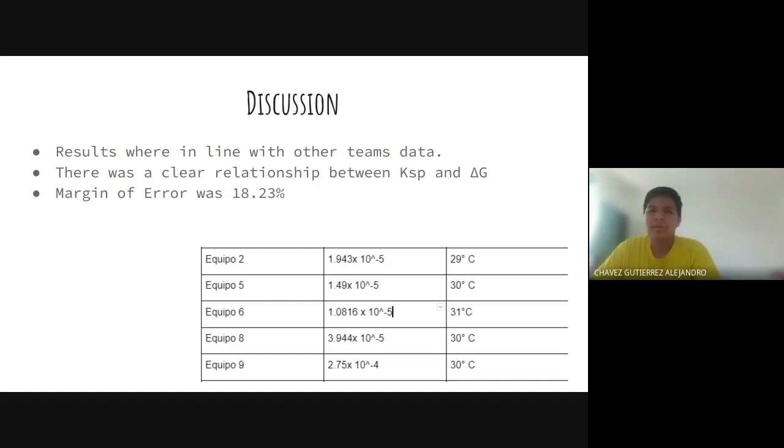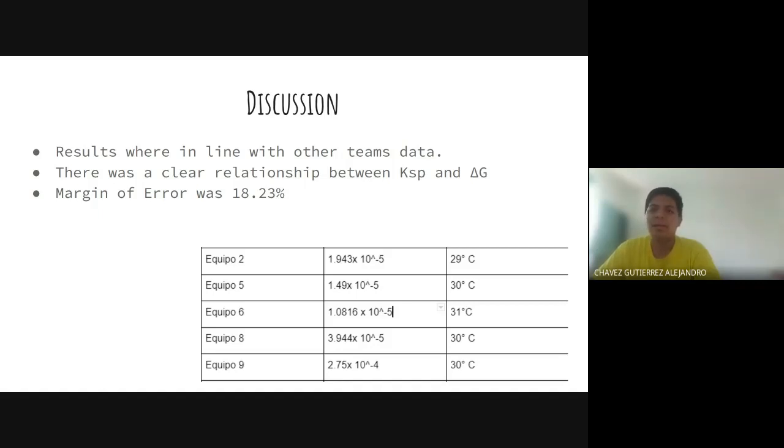Utilizing these results and the KSP obtained by the other teams, it was determined that the standard enthalpy would be 329,980.32 joules per mole. Using this result, it can be determined that the KSP at 64 degrees would be 3.56 repeating times 10 to the power of negative 10.